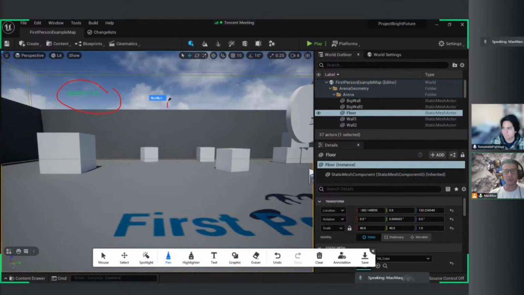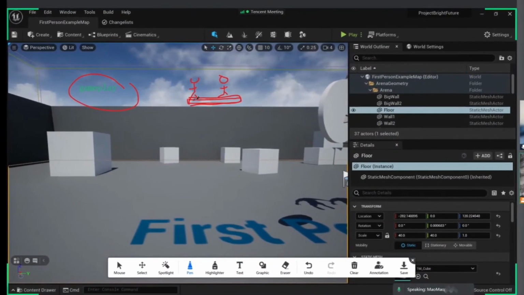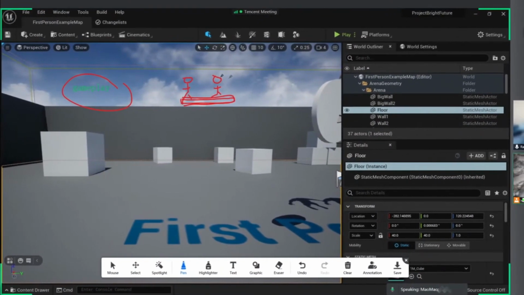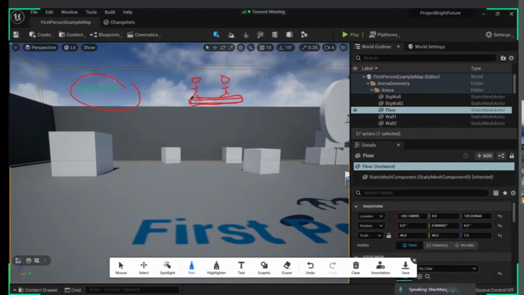For example, if you are creating a fighting game, then you have two people here fighting, right? So your level design is basically a flat plane, and that's it. Although in some fighting games they can destroy some things or whatnot, you get the idea.